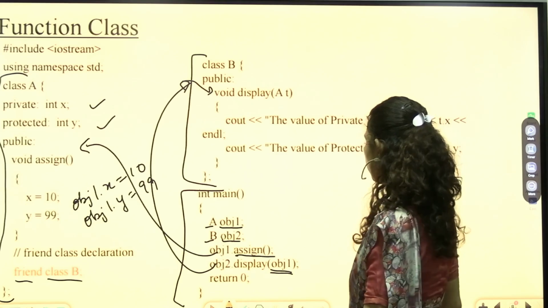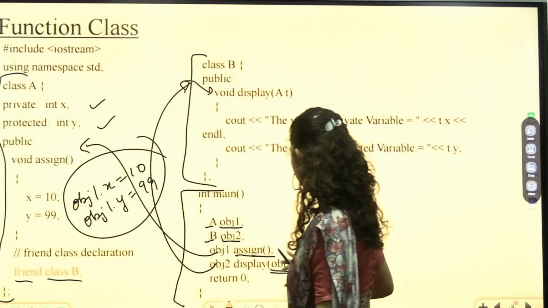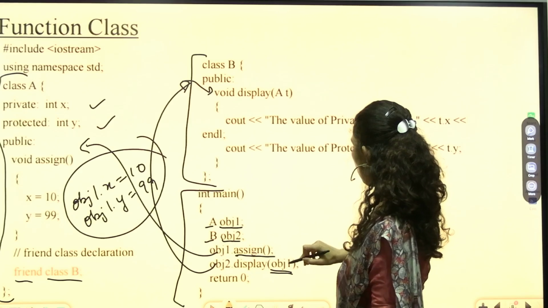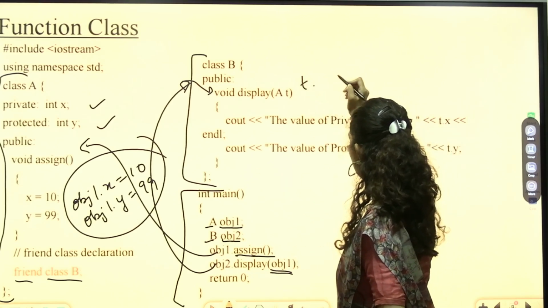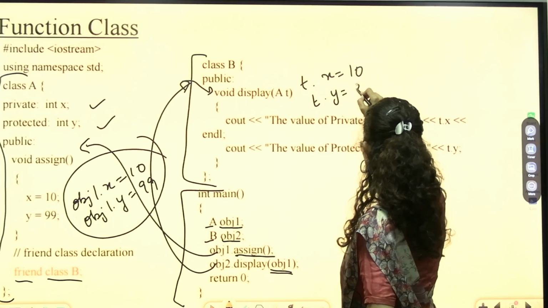So obj1 we will carry, which is the object of class A. That means these two values will get carried to the function display. Okay, obj1 dot x and obj1 dot y. Now t dot x will become 10 and t dot y will become 99.